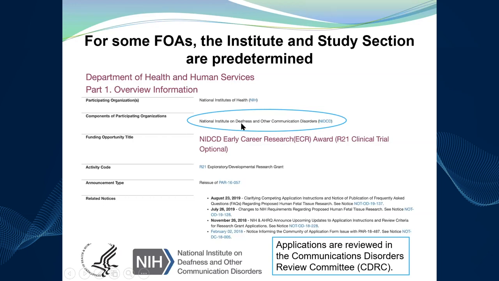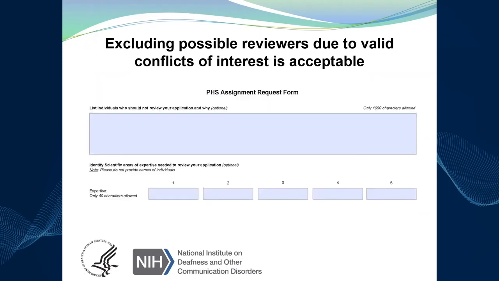So in this particular instance, the choice of institute and study section is already determined before you submit your application. In addition to the institute and study section, on the assignment request form, there's also a space where you could exclude individuals who should not review your application.